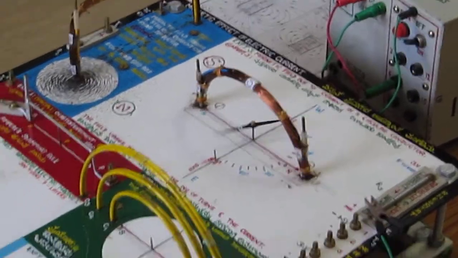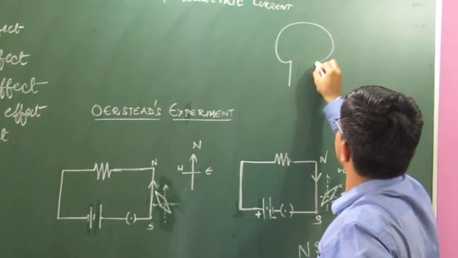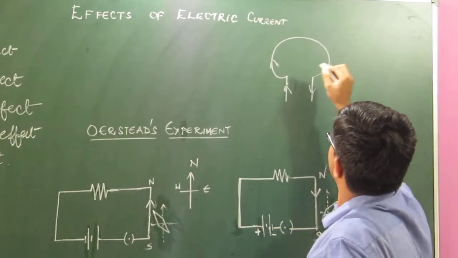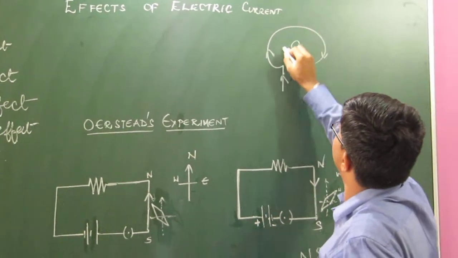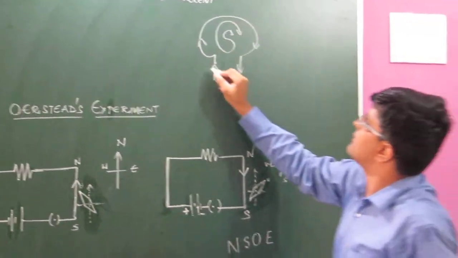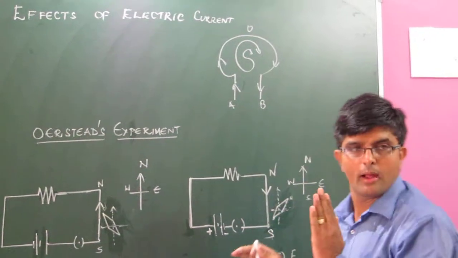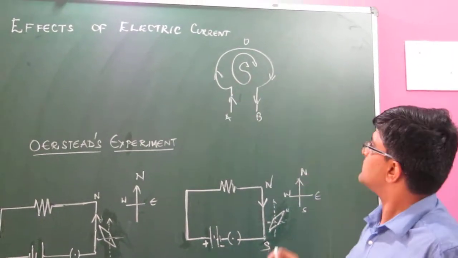The clock rule says that if the current is flowing in a clockwise rotation, the face of the loop towards you will be the south pole, and the other side would be the north pole.